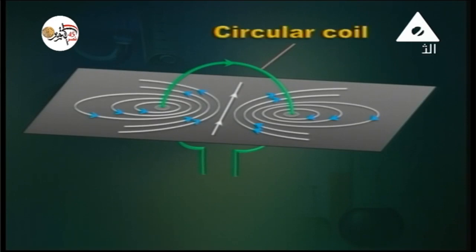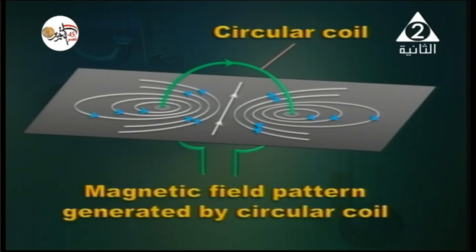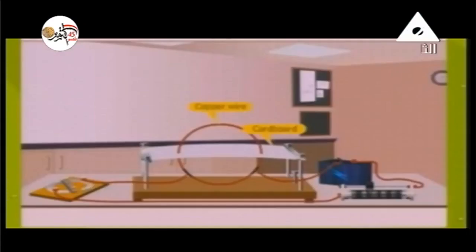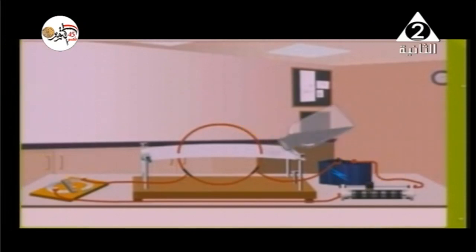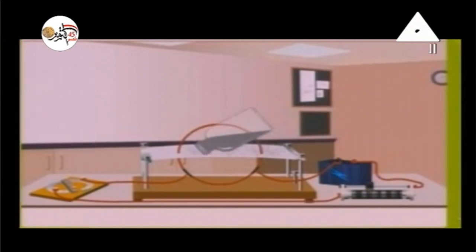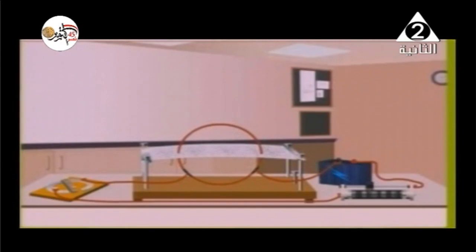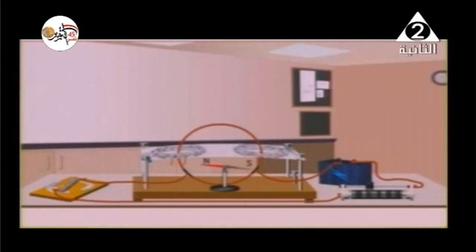So we've got a circular coil that carries an electric current. The field lines run in loops from one face of the coil to the other. The field is similar to that produced by a short bar magnet.